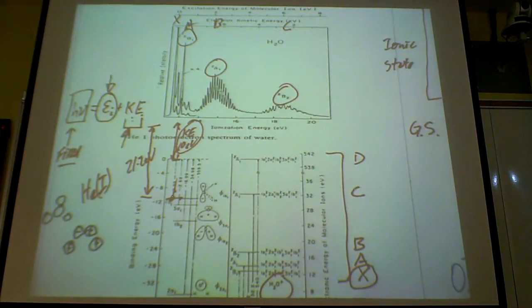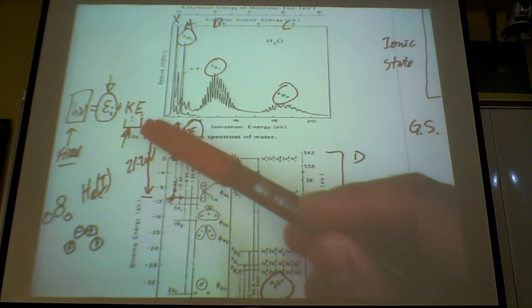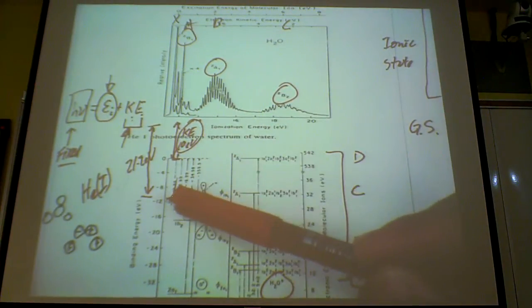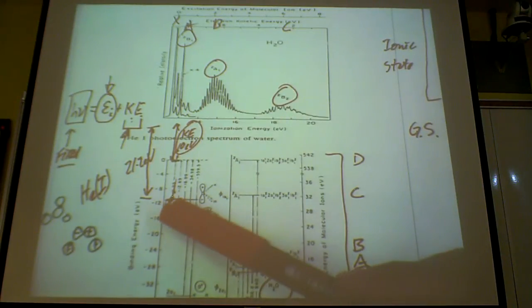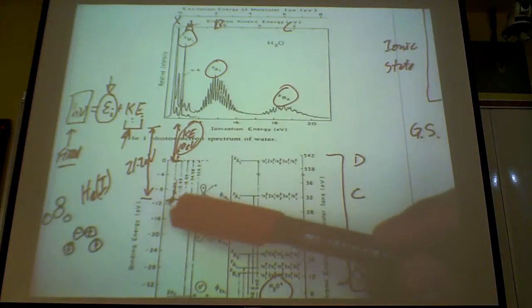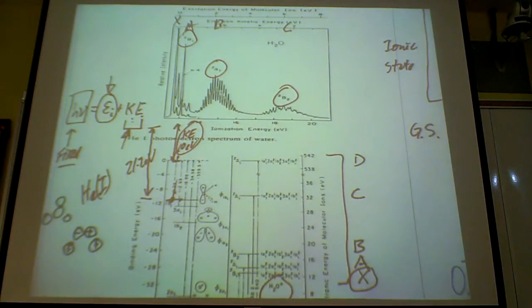You can imagine this is a fixed ruler, and you just slide down the ruler a little bit to here. This electron takes up the entire 21.2 eV energy, and it first overcomes the molecular field.